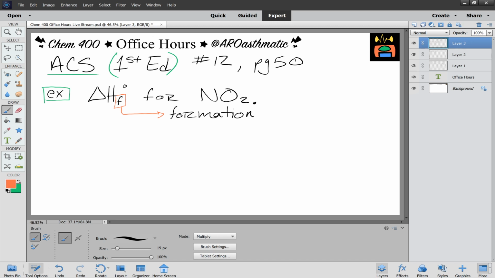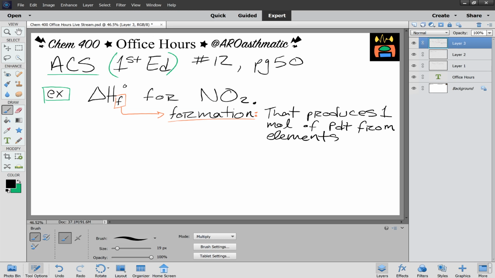All right. And the definition of a formation reaction is a reaction that produces 1 mole of product from elements. There are many different reactions that make NO2. There are even several reactions that make NO2 as a sole product.